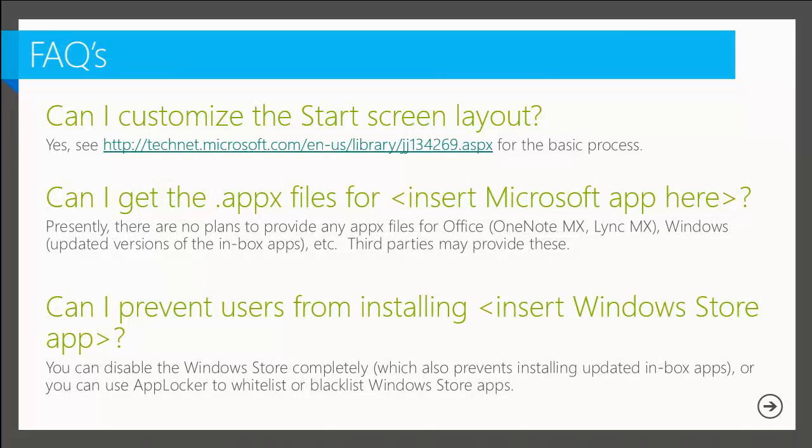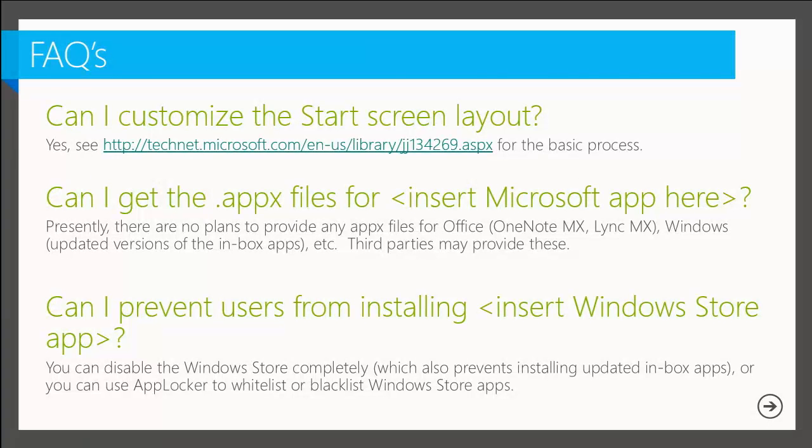You could use AppLocker to restrict what they can launch, but AppLocker's restrictions, which are only present in Windows 8 Enterprise, are only going to allow you to do that by publisher or application name. If you look at the Windows Store, we've got about 100,000 apps out there. Those 100,000 apps probably are from close to 100,000 different publishers.